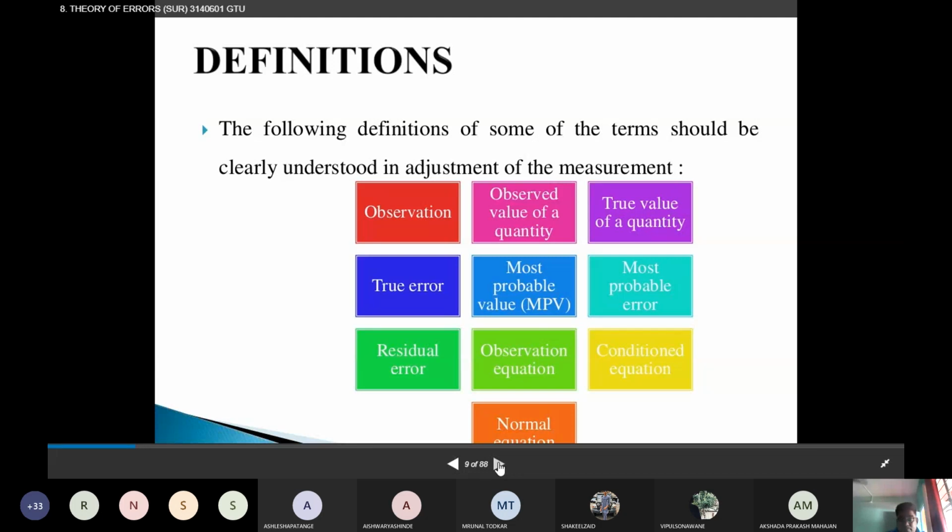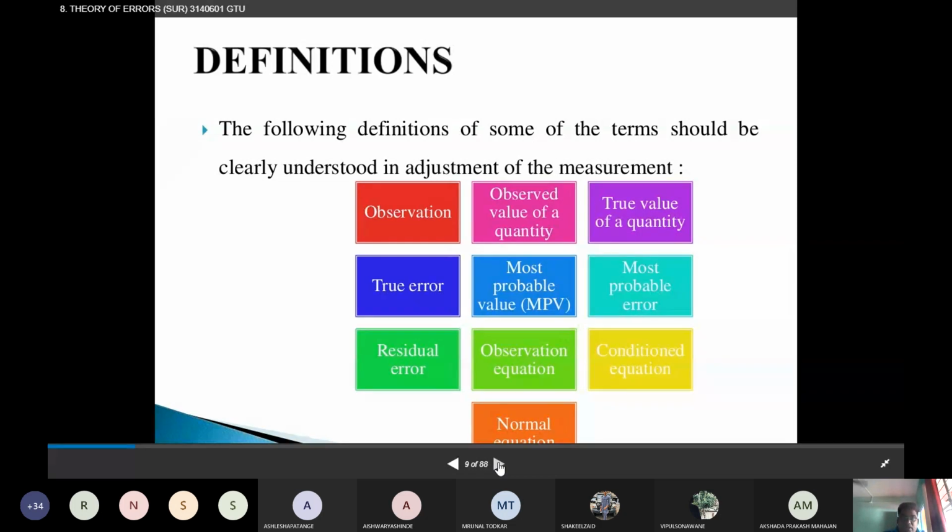That means the observations: how it is to be defined, the observed value of a quantity, that is, the observed quantity; the true value of the quantity, how it is to be defined and identified; then how to find the true error; the most probable value, which is the best value and approaches the realistic value, in short called the MPV, most probable value.